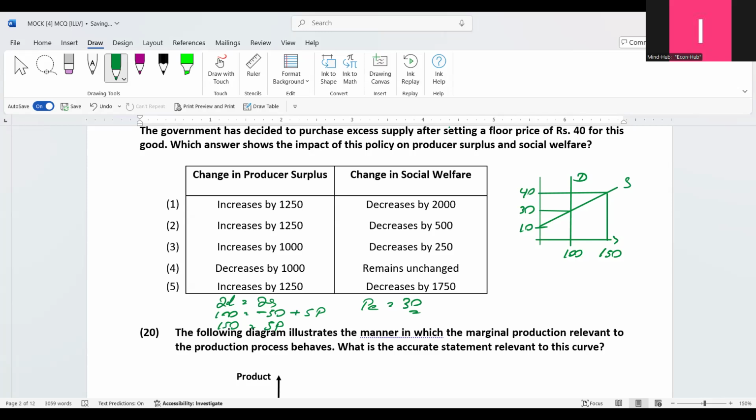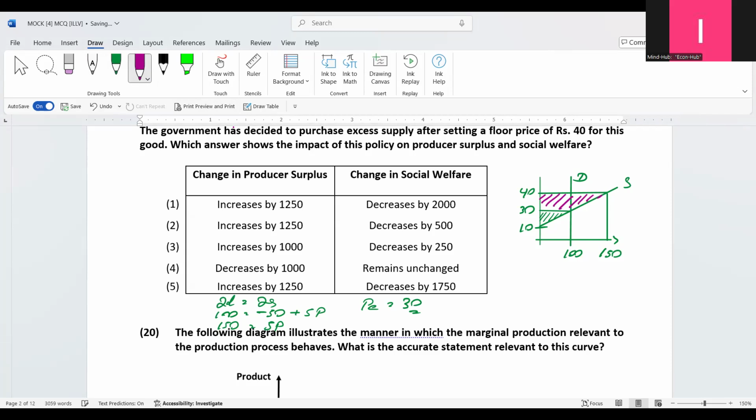Producer surplus used to be this area I'm coloring. Now producer surplus has increased up to the whole area that I am now coloring with purple color. Yes or no?